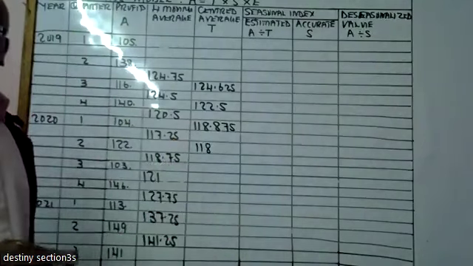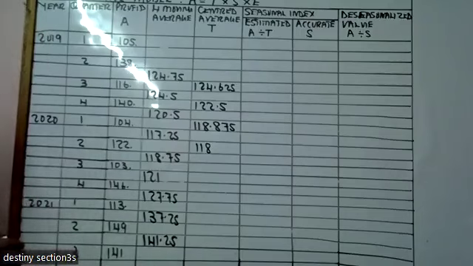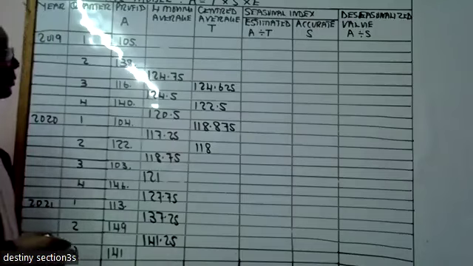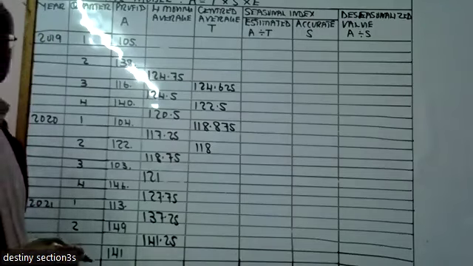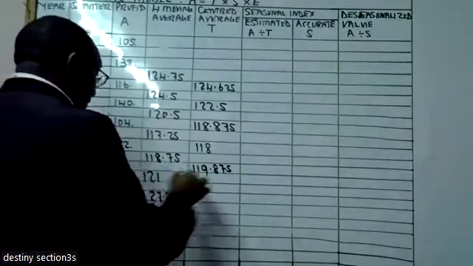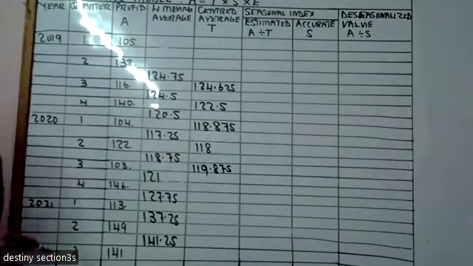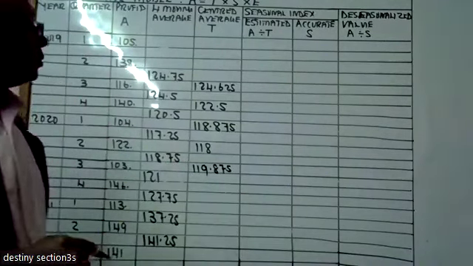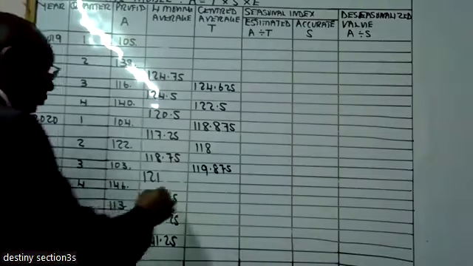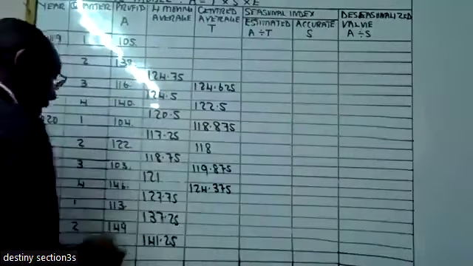The others, you're also very quiet. Beatrice and Hilary, we also need to hear you. The next, 119.875. Okay, let's go to another, 121 plus 127.75. 124.375. Good.